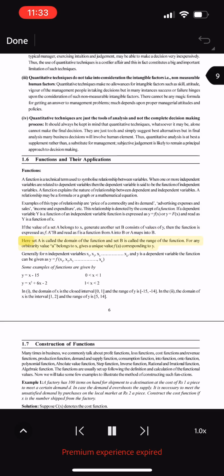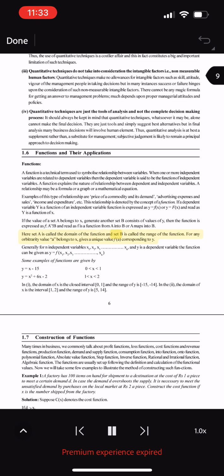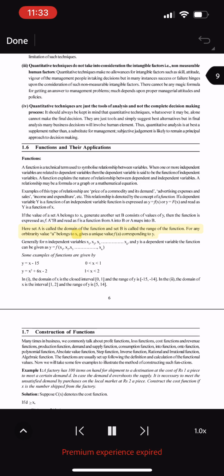Here set A is called the domain of the function and set B is called the range of the function. Any arbitrary value a belonging to x gives a unique value f(a) corresponding to y.